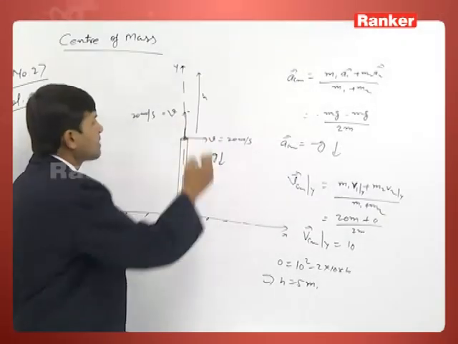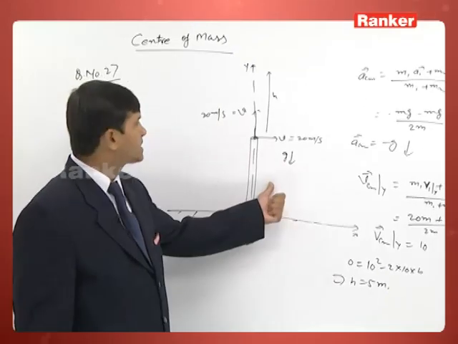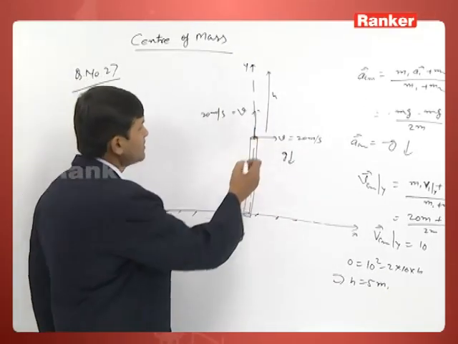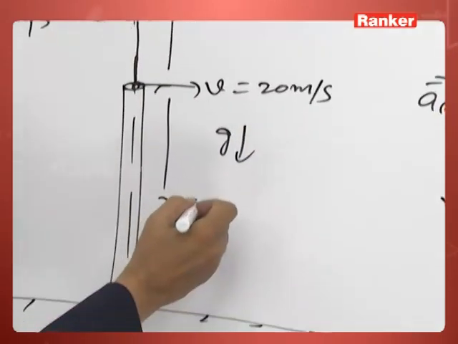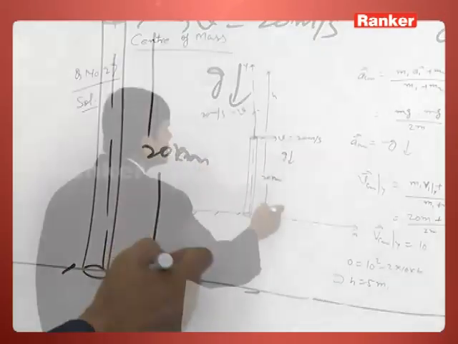So the center of mass goes further up to the height h, which is 5 meter, and the initial height of the tower is given as 20 meter.